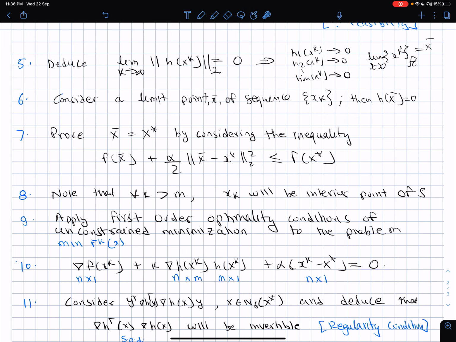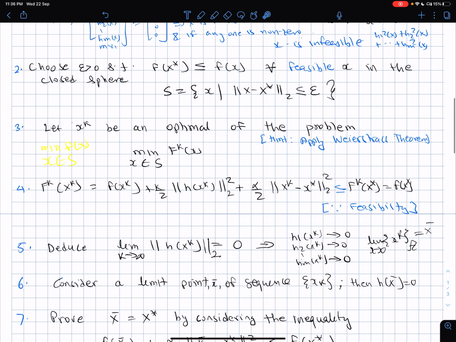If they become interior points, then for those k values, will this constraint play any role in optimality conditions? No. Now it is like looking in a small neighborhood. You are saying this constraint set is far away, and hence you are only looking at an unconstrained minimization problem.